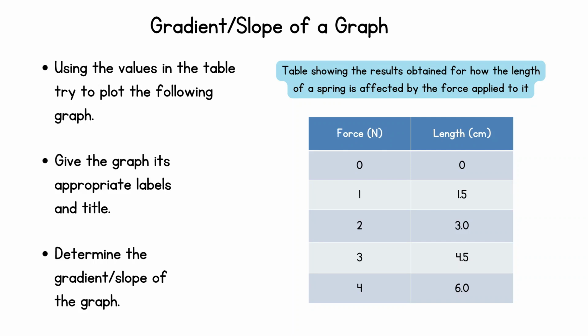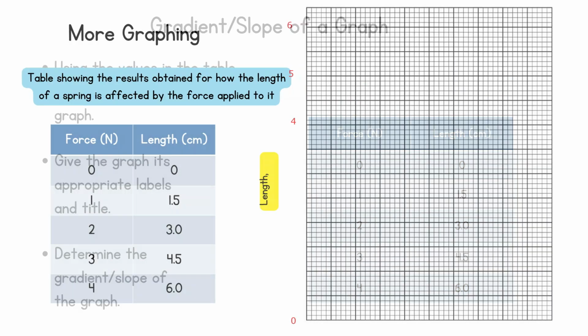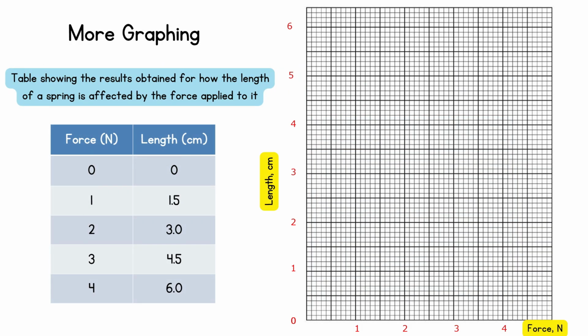In this case, the cause would be the force applied and the effect would be the length of the spring. And exactly, so we have our length on the y-axis, which is our effect, and our cause, which is on the x-axis, is our force. Okay? Alright, so take some time to plot your graph.